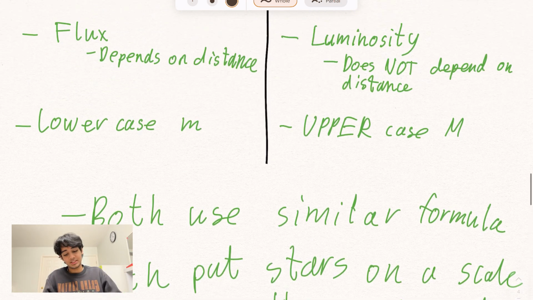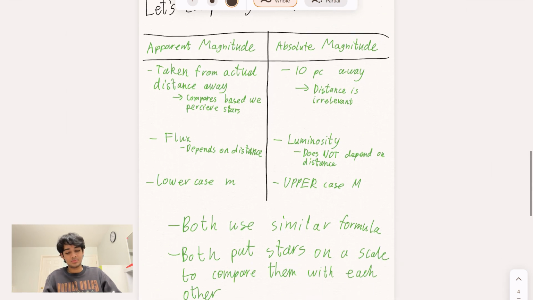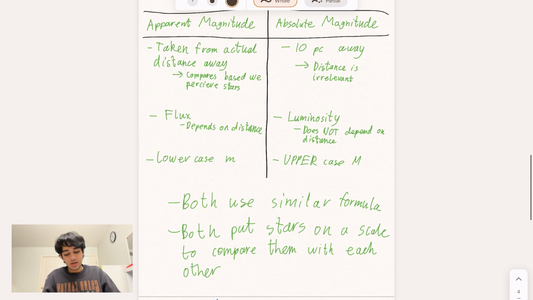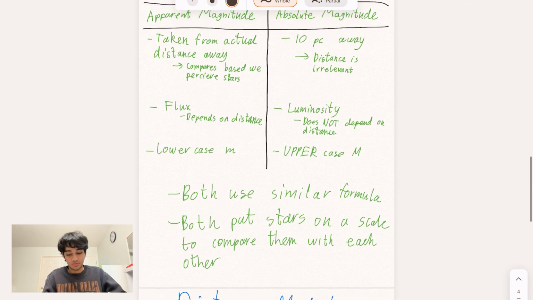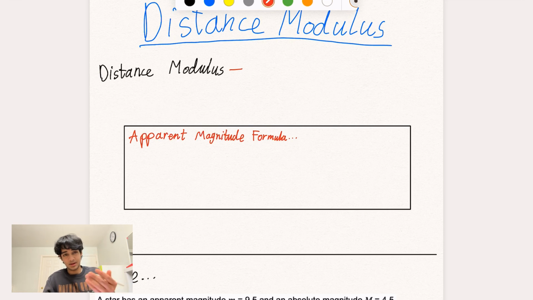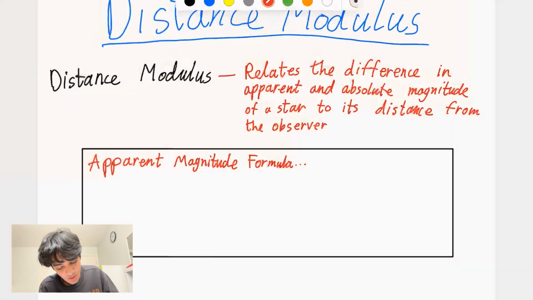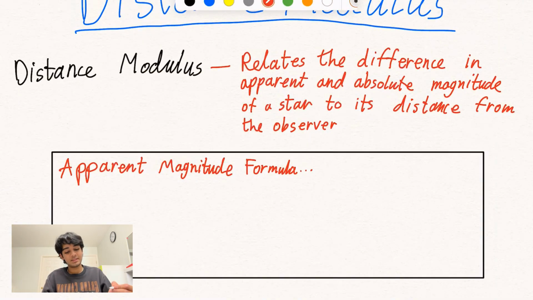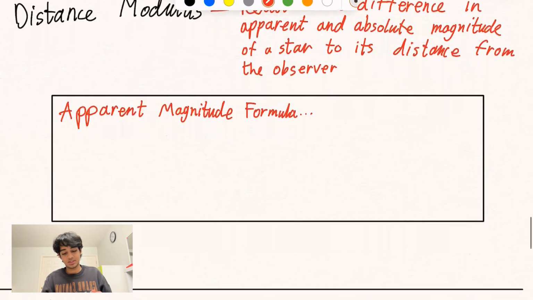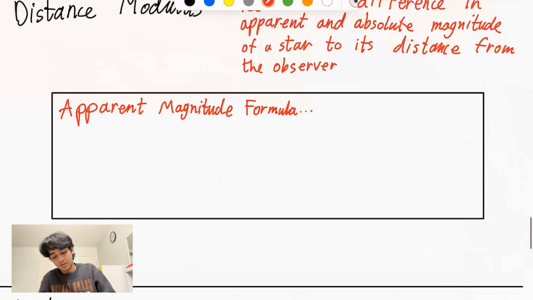Now let's move on to distance modulus, which combines both magnitude systems to find how far away a star is from us. Let's start by writing the definition of distance modulus. So this is a formula that relates the difference in apparent and absolute magnitude of a star to its distance from the observer. So let's write down the formula.